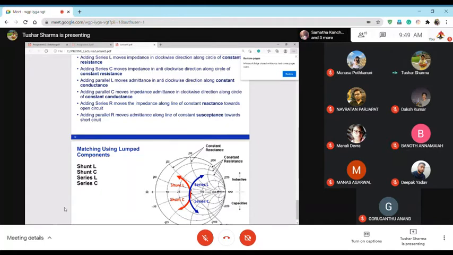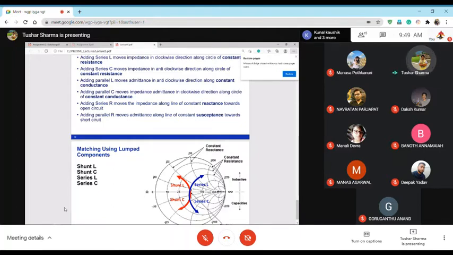Similarly, there is parallel L and parallel C, which are also called shunt L and shunt C. Now if the inductance is in shunt, XL is equal to j 2 pi fL, and if it is in shunt, it will be 1 over that impedance.